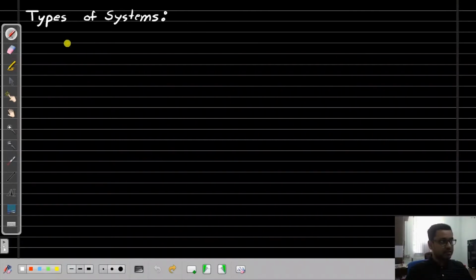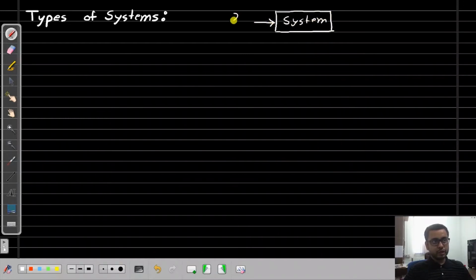For that, remember that we represent a system with a box having an input which we can denote as x of t and the output y of t.